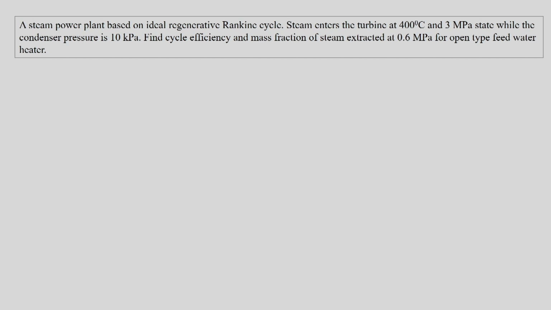Find the cycle efficiency and the mass fraction extracted at 0.6 megapascal for an open type of feed water heater. So again we have an open type of feed water heater, and we will put the same diagram.